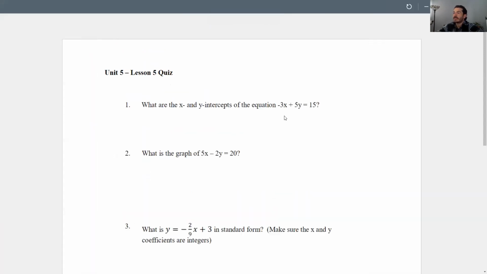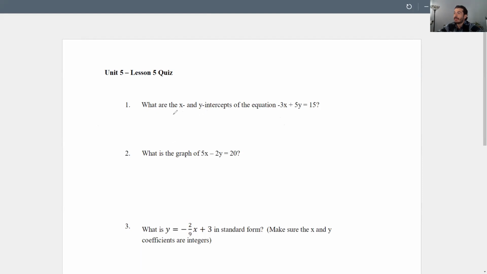What are the x and y intercepts of the equation negative 3x plus 5y equals 15? We have multiple ways of doing this. We can go to Mathway, or Desmos. I think it might be the more effective way of doing it. Or we could do it algebraically, which is what I'm going to do here.